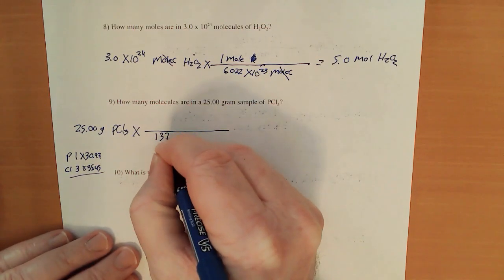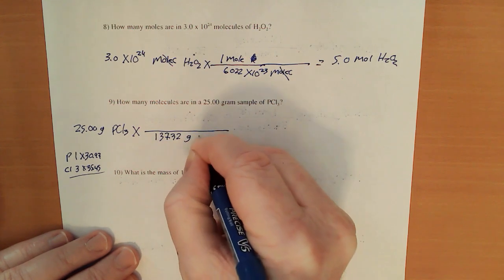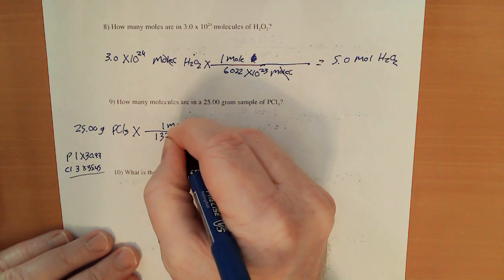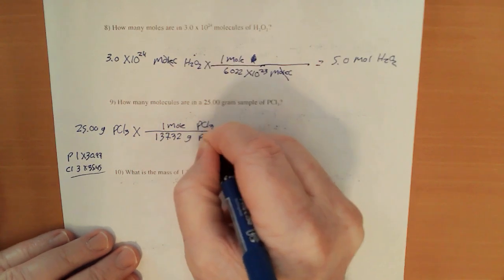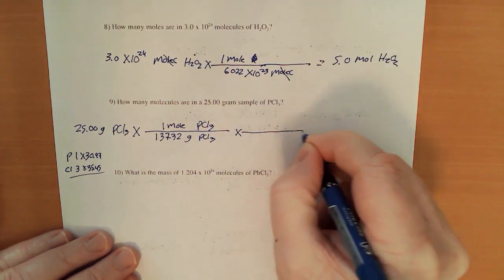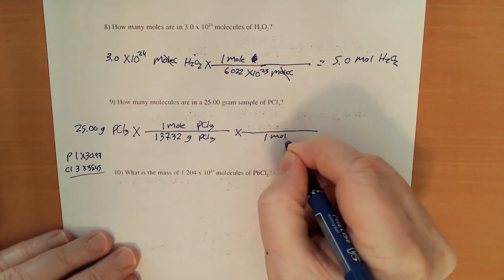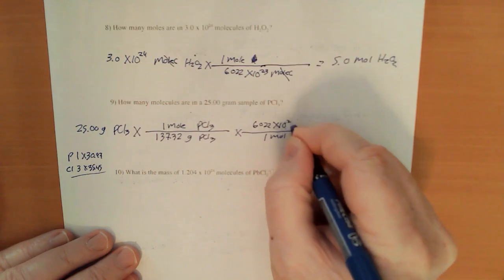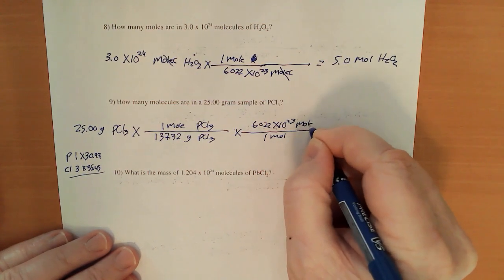So 137.32 grams PCl3 for 1 mole of PCl3 times 1 mole of anything has 6.022 times 10 to the 23rd molecules.